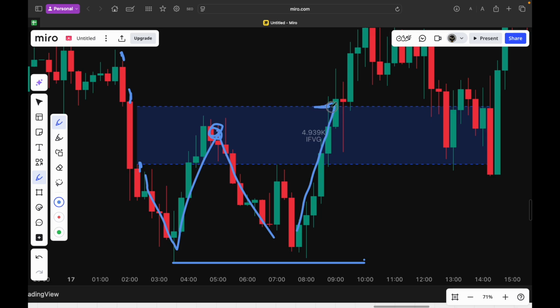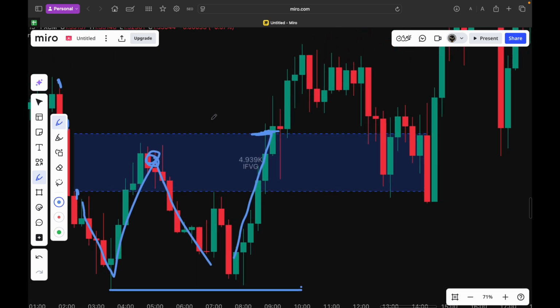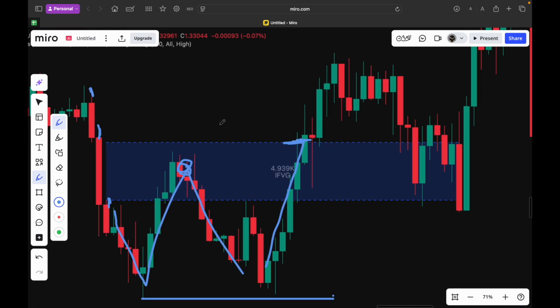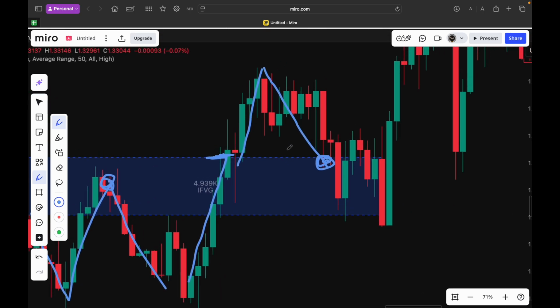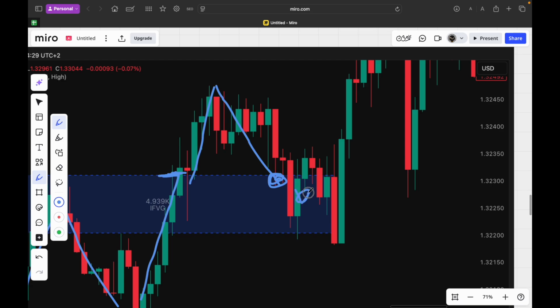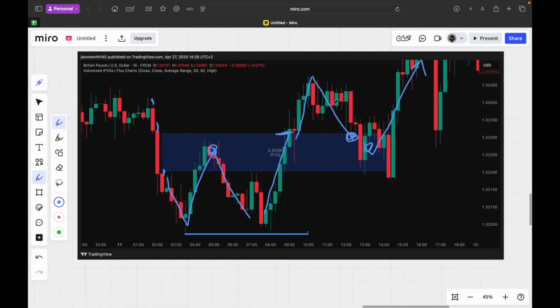Here we broke through that fair value gap, and suddenly this becomes an inverse fair value gap. Immediately on the next candle, we had a retest right over here. Price went up, another retest right over here, and then price went in the zone and it continued to the upside. So this indicator literally draws out the inverse fair value gaps for you.